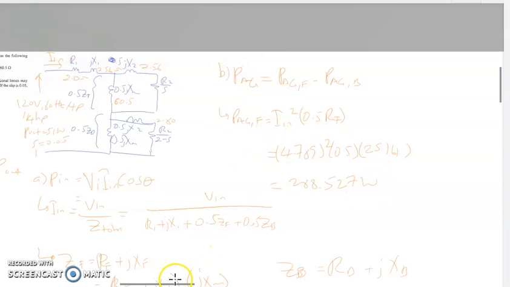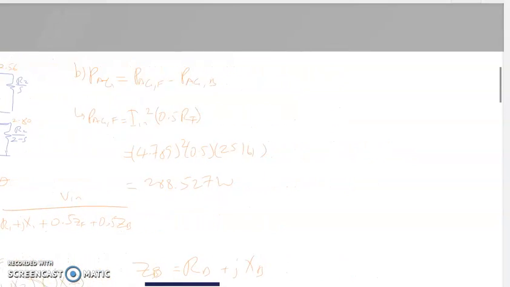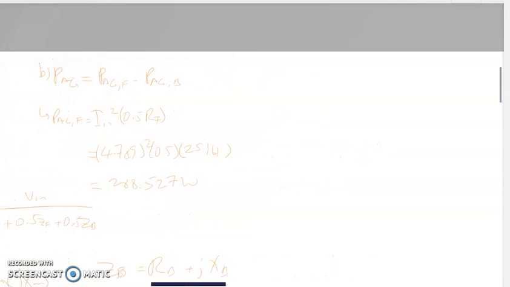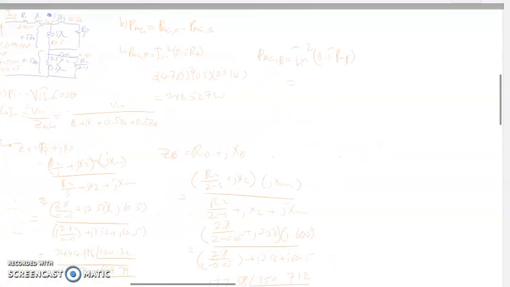So what is the next, the backward air gap? So P air gap backward is equal to, same like P air gap forward, I squared RB, which is half of the resistance.